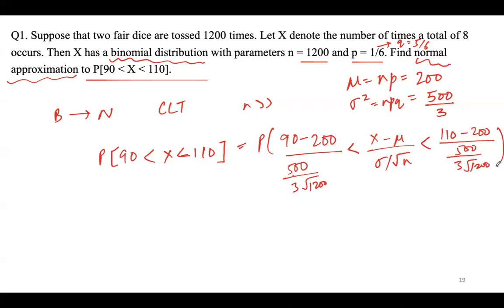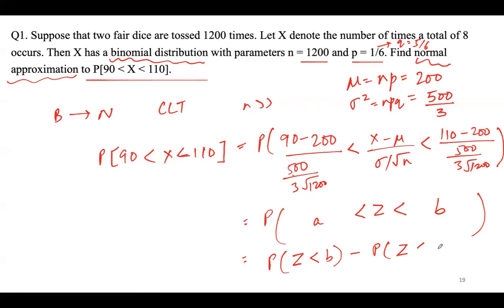Now the way you are going to solve this is, this actually becomes a z, a standard normal random variable. Let's say this value is a and this is b. So you can write it as P of z less than b minus P of z less than a.